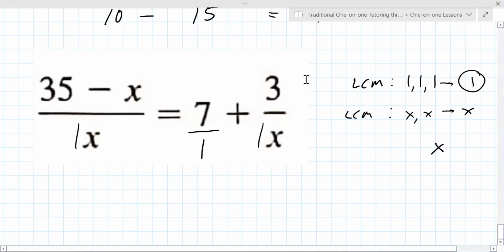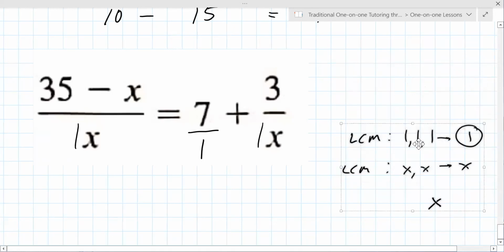Okay. Now I've made the classic mistake here, which is I have not first excluded anything. So we need to do that. Exclude. So you have to set the bottom not equal to 0. You do not set the numbers not equal to 0. Only the variable terms. So basically we're just saying x cannot be 0.